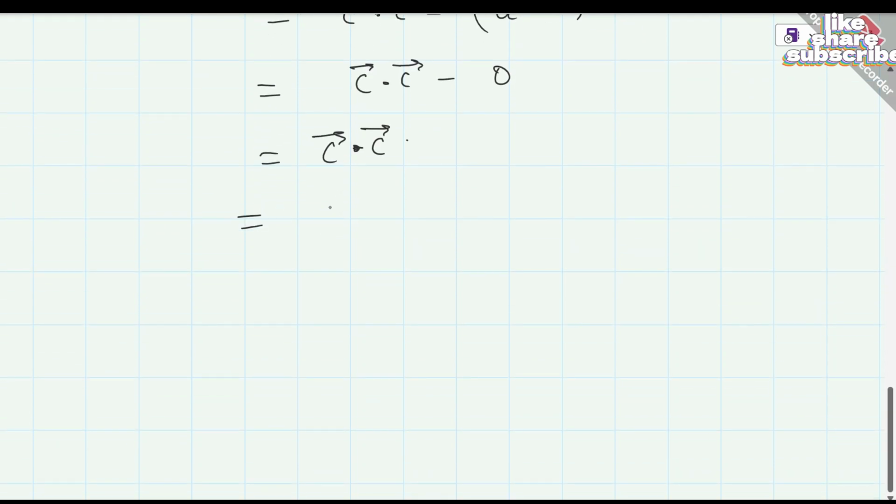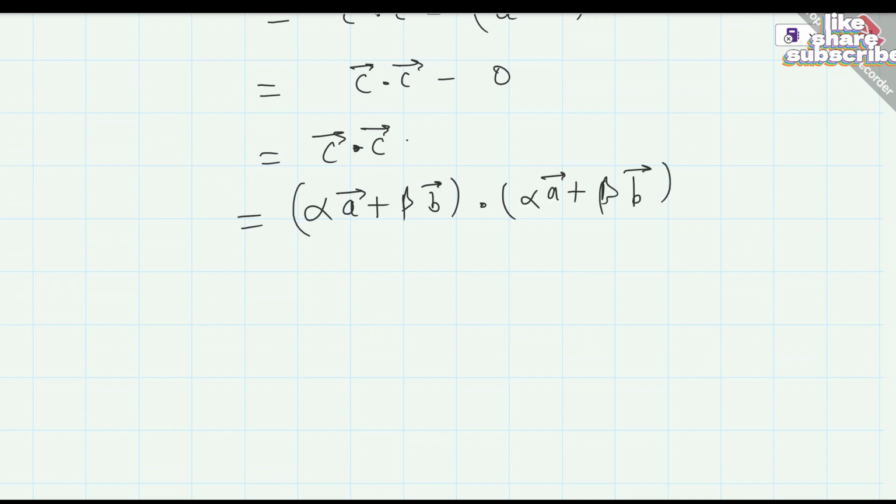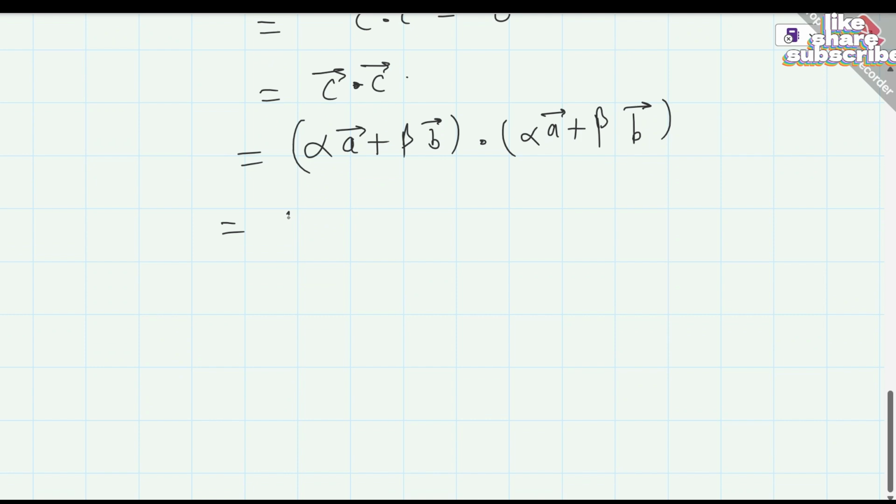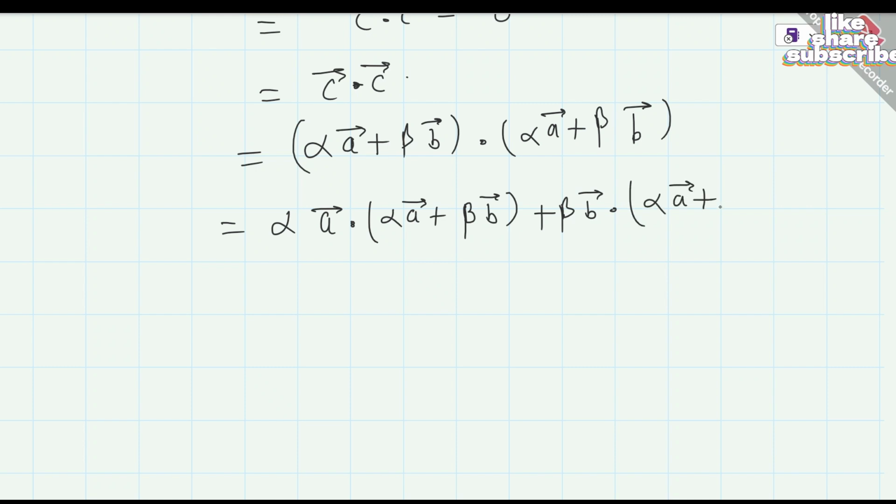So C dot C is equal to alpha times vector A plus beta times vector B, dot alpha times vector A plus beta times vector B. Now we can write this by the distributive property.